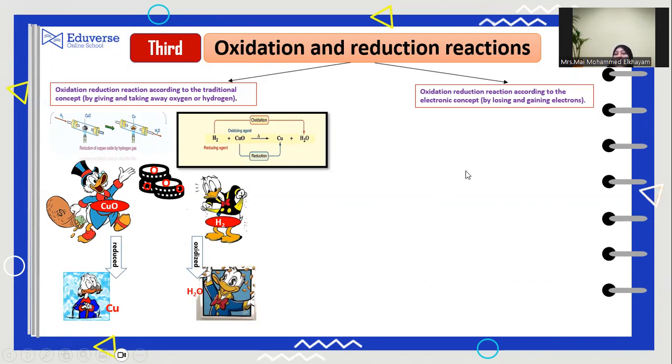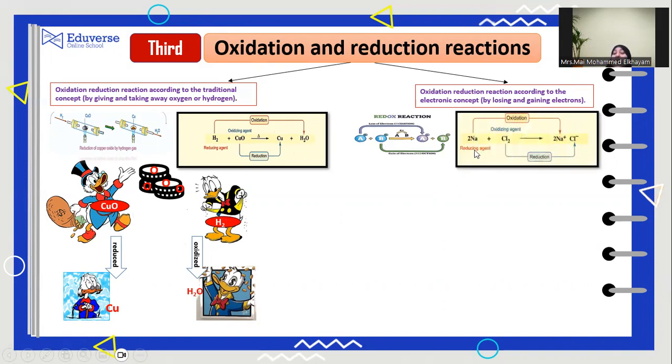Now, oxidation and reduction reaction according to the electronic concept, by losing and gaining electrons. As you can see here, a substance will lose electrons, which will be gained by another substance in this reaction. Like what? The reaction between 2 sodium plus chlorine will give 2 sodium chloride. Please pay attention to understand this part.